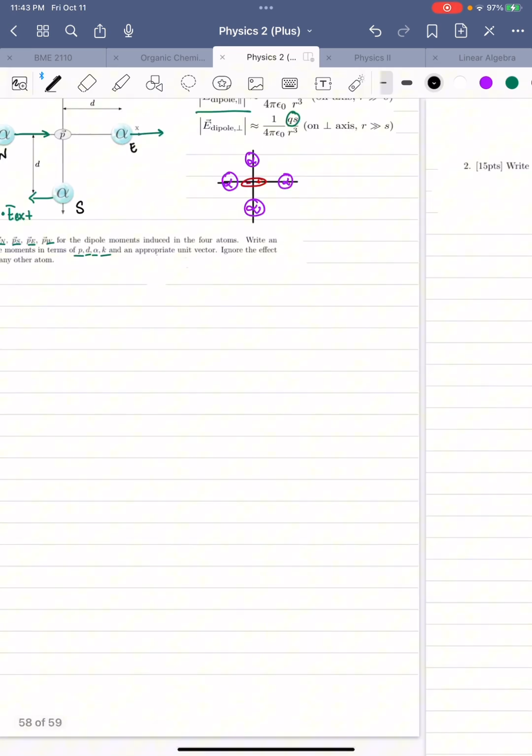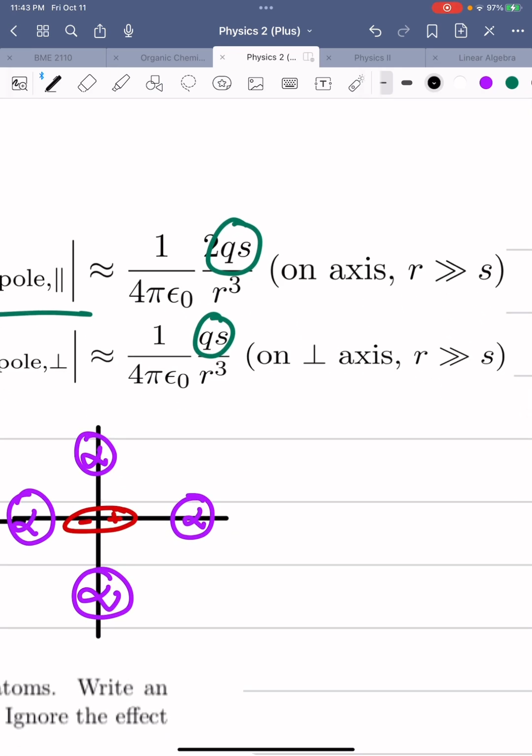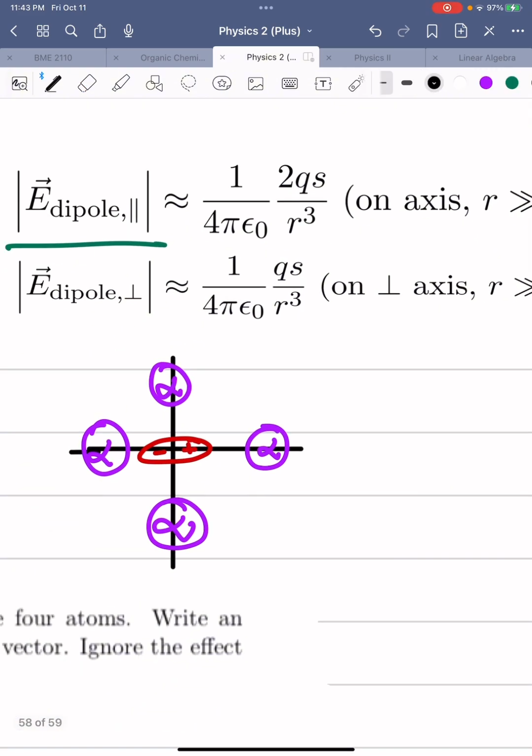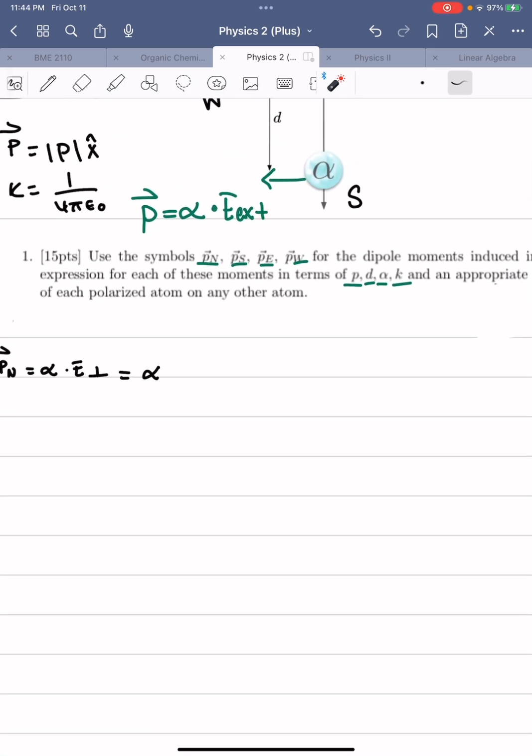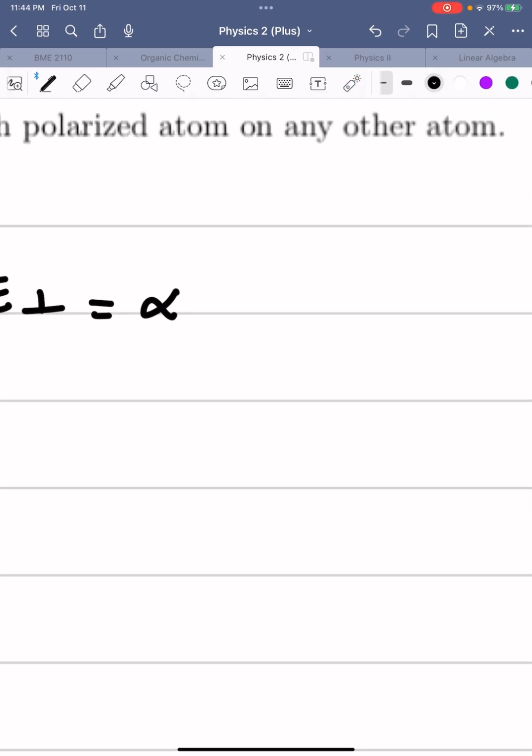For our formula for a perpendicular dipole, this over here is going to be our P times x hat, this over here is going to be d cubed, and this whole thing over here is going to be k. So we say k times P times x hat over d cubed.